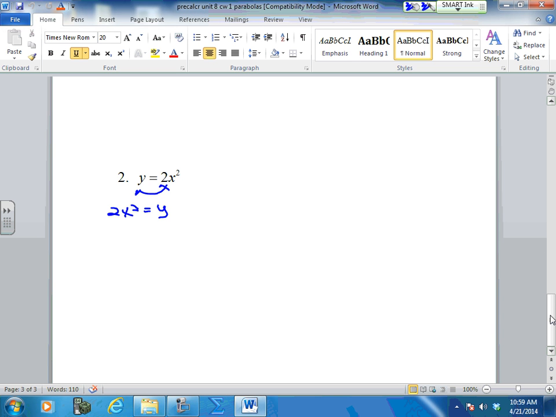Now, you need to get the x squared by itself. The p goes on the other side. So whatever's in front of this, even if this has an x minus 3 squared, whatever, you still got to get rid of that too. So we're going to divide both sides by 2. And you can always put this in your calculator and take a look at your parabola. You know that that 2 makes it a little bit tighter.